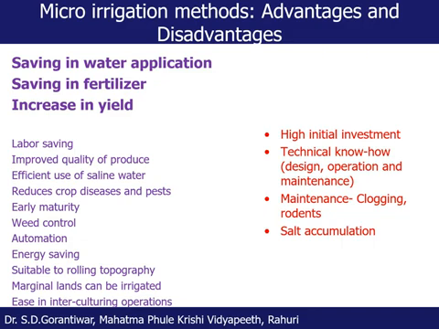At the same time, we bring water from the source up to the field through a network of pipes, so there are no conveyance losses in the drip irrigation method. Normally in the surface irrigation method, we bring water from the water source up to the field through a network of channels, or maybe pipes as well.